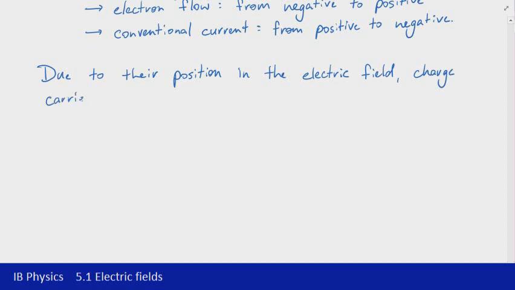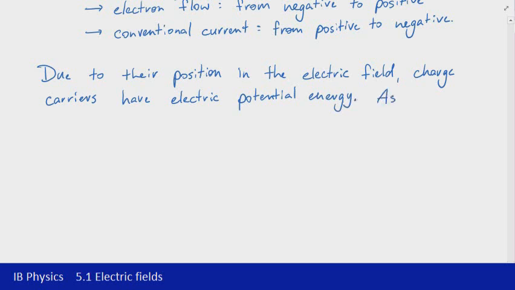So in a similar way, when charge carriers are moved against an electric field, they're going to have electric potential energy. So that means then that the charges don't have energy within them. It's that the charge in the position that it is in within the electric field means that it is going to store energy.